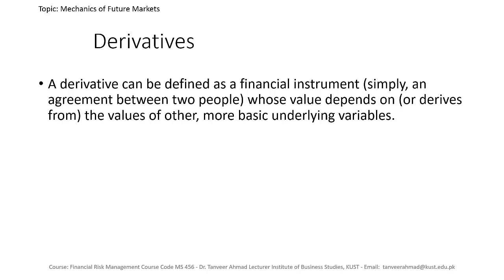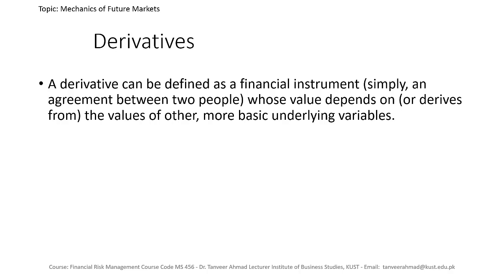When we use the term financial instrument, what do we mean by it? A financial instrument is nothing but an agreement between two parties. For example, let's take a bond. A bond is a financial instrument, an agreement between bond holder and bond seller.